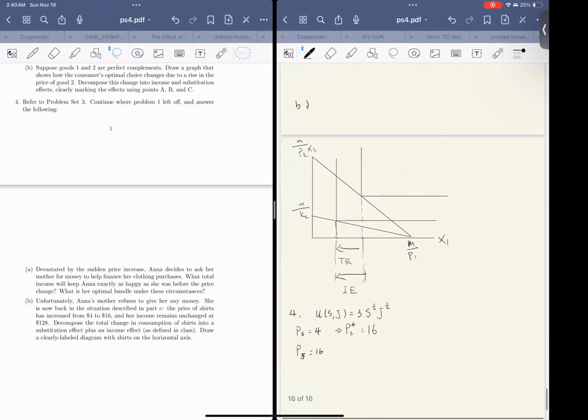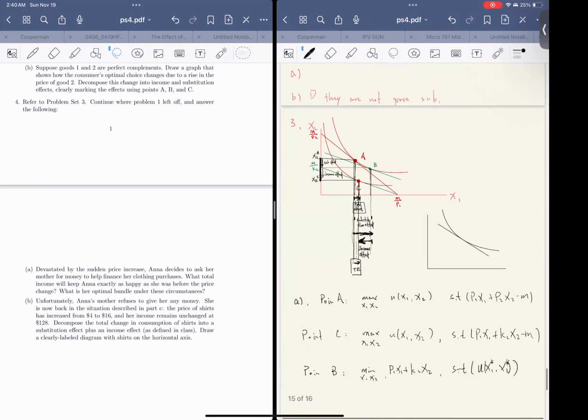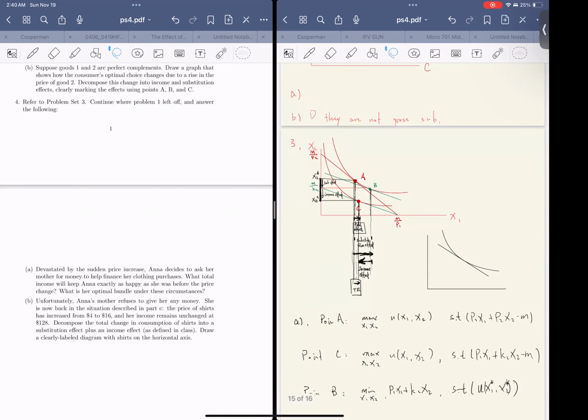Okay, let me just grab this monster from question 3 to help us with this problem. I guess I'm too lazy to draw another one.